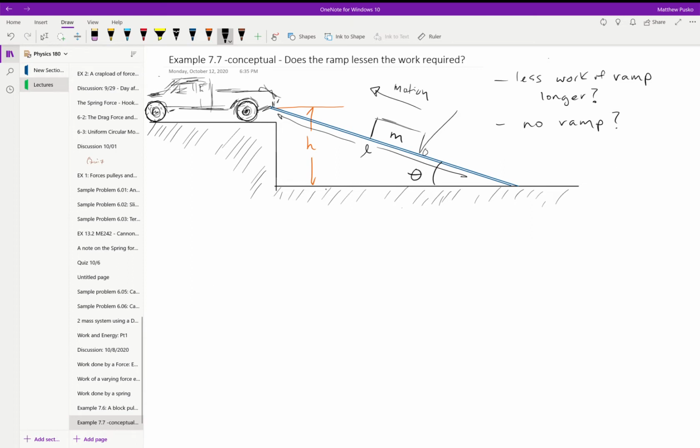The guy is pulling the dolly back and trying to push that up the hill. What we're fighting against, though, is this mass that's on an incline. We're fighting against its weight, mg. So the work we're doing is the work of a weight, or the work due to weight.